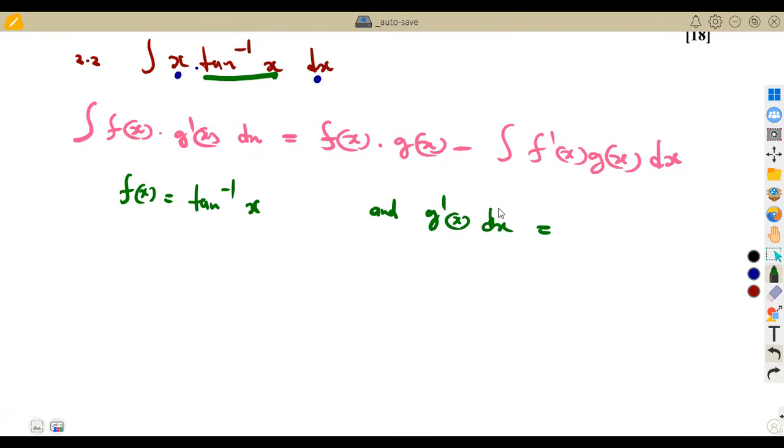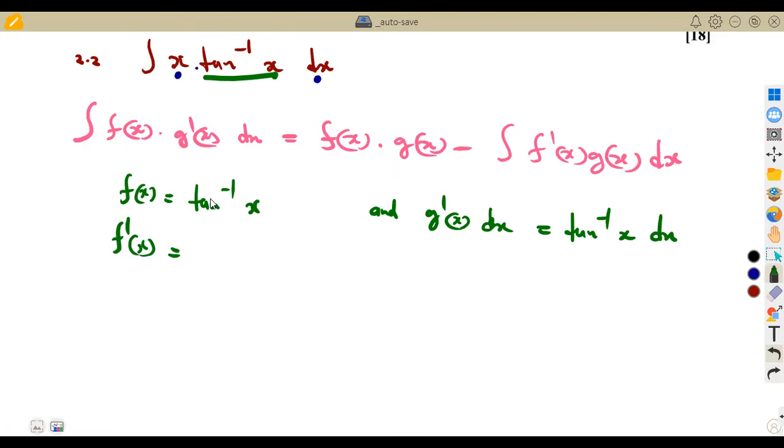Remember, I told you that from f of x, you're going to find its derivative, f prime x. So we are going to need f prime x from arctan.